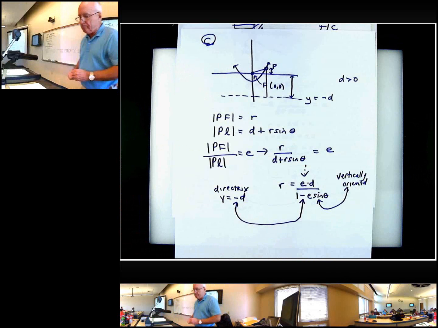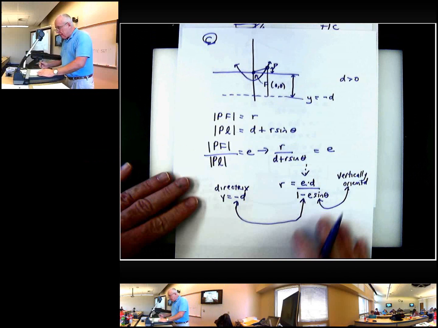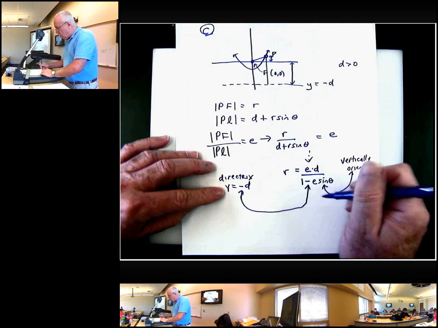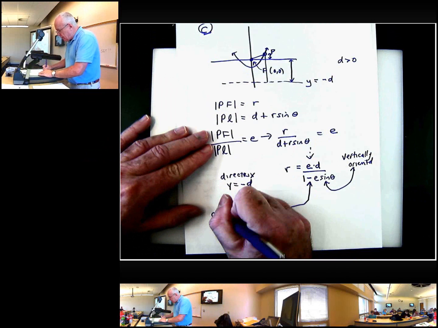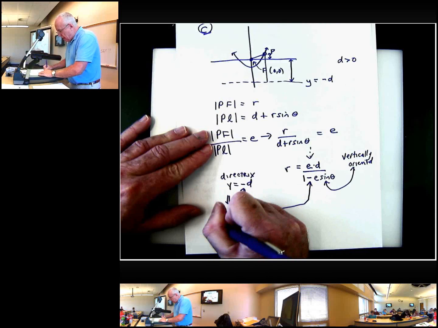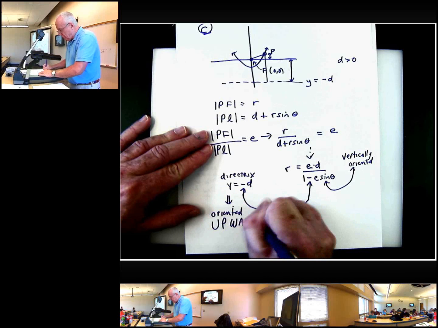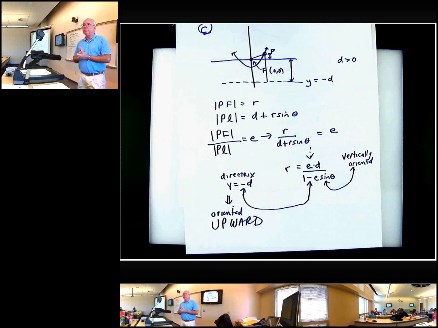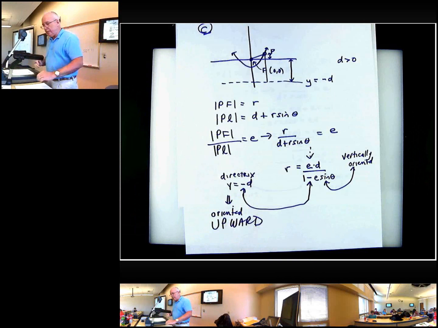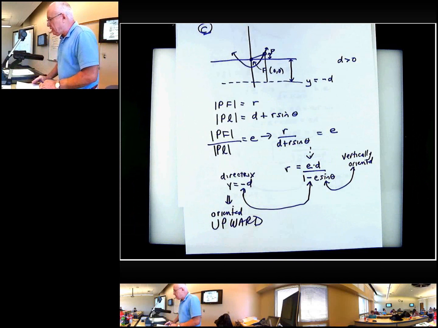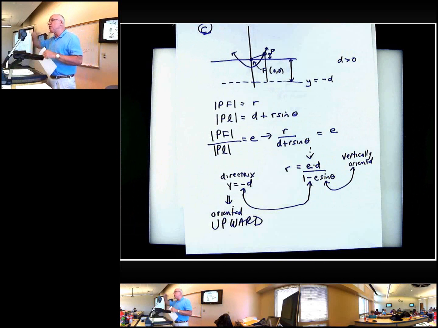Because our directrix is y equals minus d, it's oriented upward like that, the other direction. So that's case C. The last case then is a vertical where it's going downward.